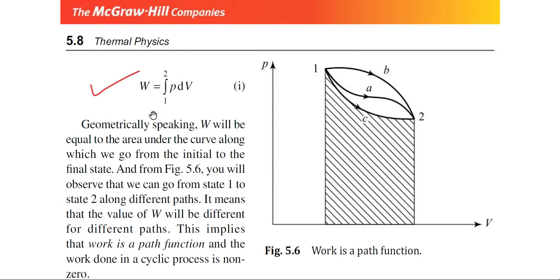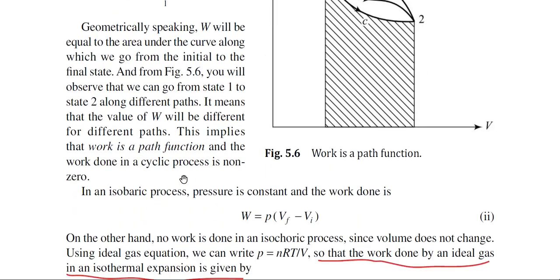You have to start from this basic equation, W = ∫ from 1 to 2 of P dV. This is the equation of the work. See the formula very carefully, because it will be used in different numerical problems.